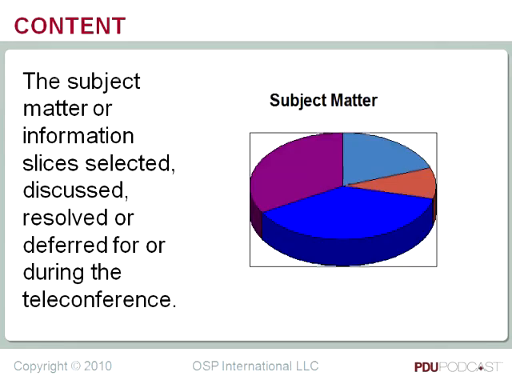Content. What is content? It's the subject matter or information slices selected, resolved, or deferred for or during the conference. Generally, there are 2 basic reasons that you convene a teleconference. Either it's an informational meeting that requires Q&A by the participants, or problem resolution that needs input and decisions by the participants.